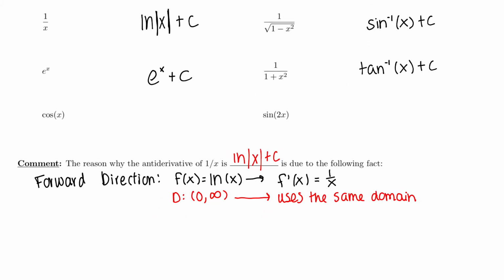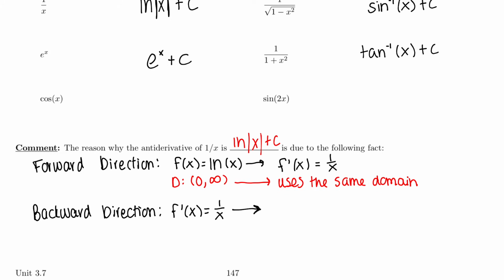Now, if we're looking in the backward direction, we're starting with the derivative, we're moving to the antiderivative. So we start with 1 over x. If you start with 1 over x, the only number that's not included is 0, right? The domain would be from negative infinity to 0, union 0 to infinity. So 0 is the only number not included.